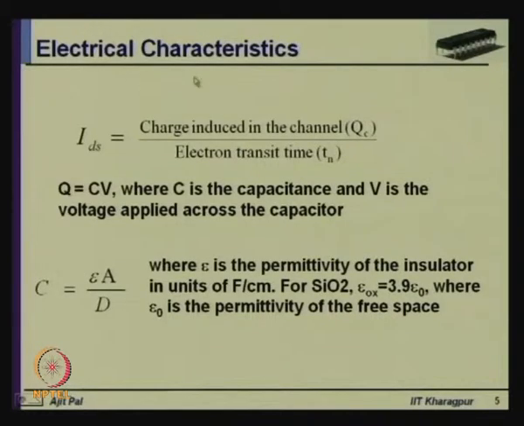Coming to the electrical characteristics, I shall try to derive the expression for drain current in the same line as the fluid model. We have seen in the fluid model, because of the voltage that we apply at the gate, some charge is induced. So, an inversion layer is created, charge of opposite polarity.